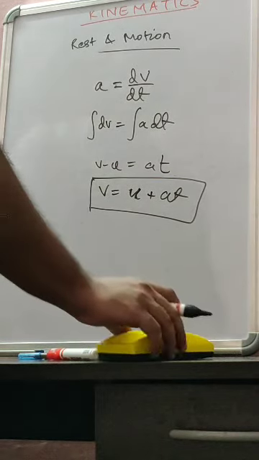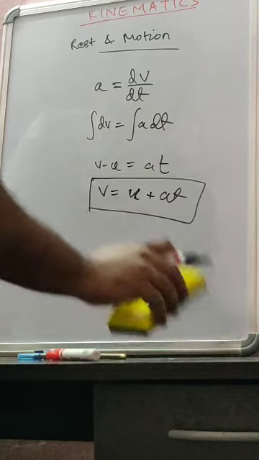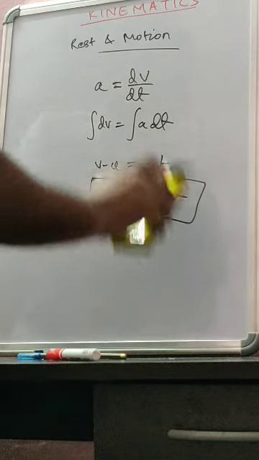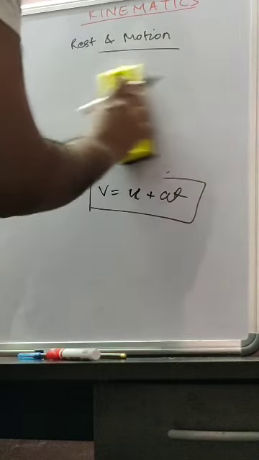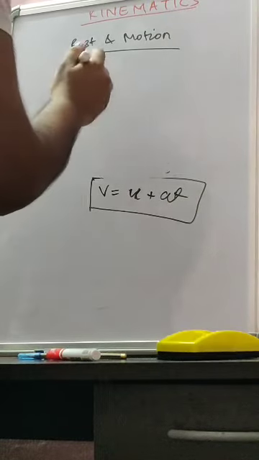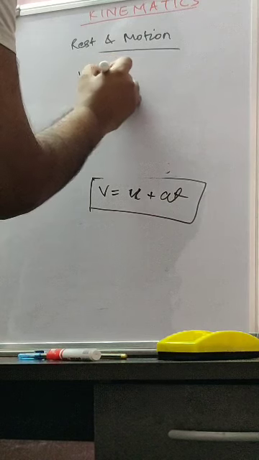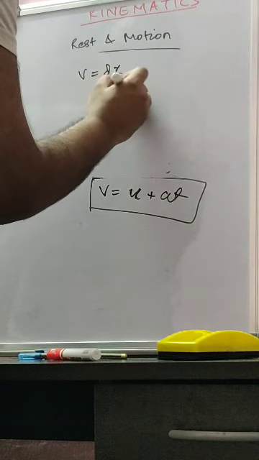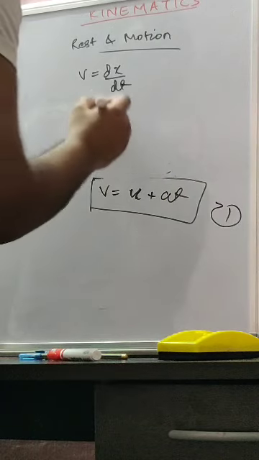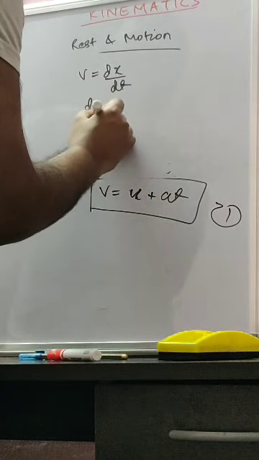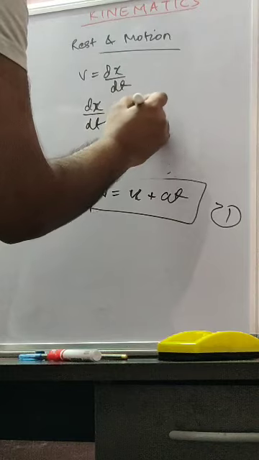Now, what is v? We will move to the second formula. v is nothing but dx by dt. So we will replace it in equation 1: dx by dt is equal to u plus at.